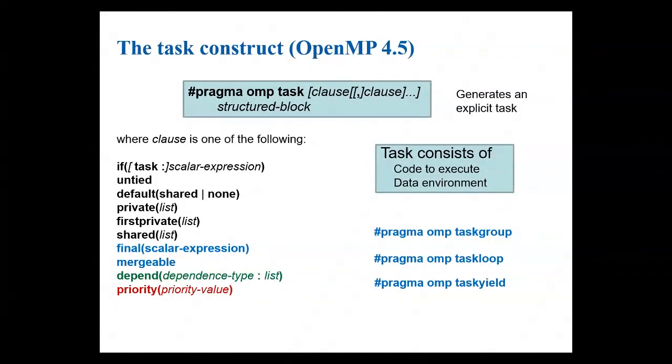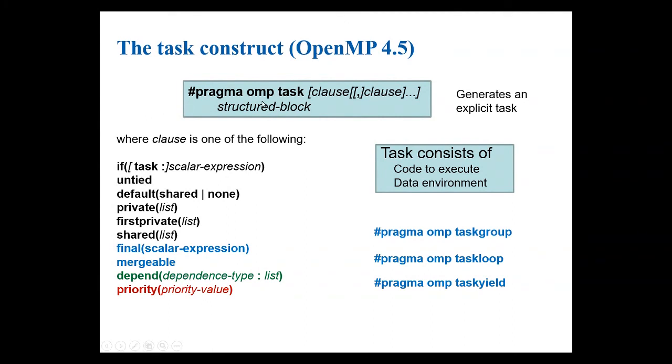So in 4.5, there are specific definitions, and they add more control and some new directives. The syntax basically is task. You can have a bunch of different clauses to control it. So the clause could be an if statement, and you also have a bunch of different data controls as well.